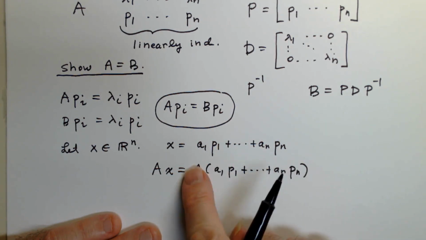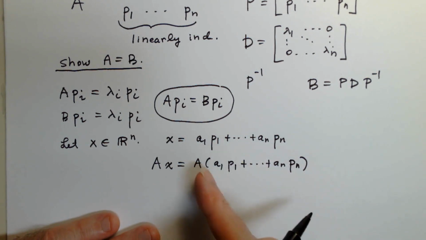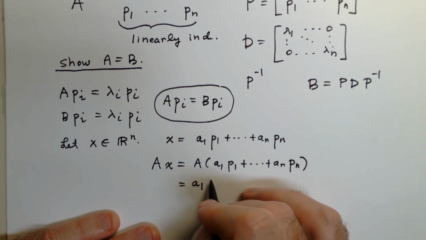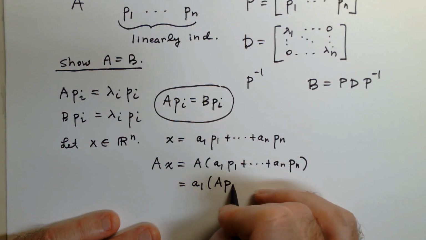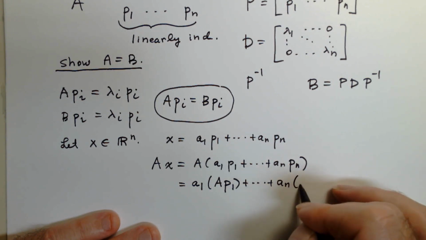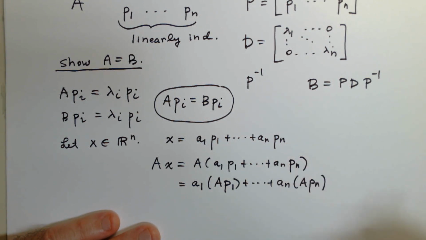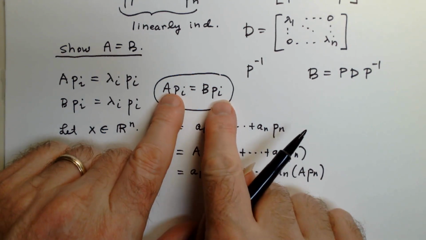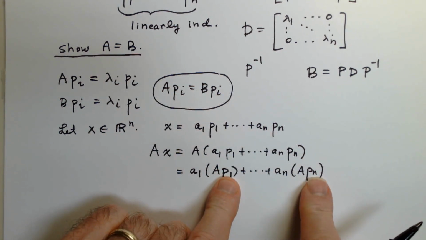But A distributes across this vector addition, and I can pull the scalars through. And so this can be rendered as a1 times A applied to P1, on down to an times A applied to Pn. But we know that A and B agree on all of these eigenvectors.